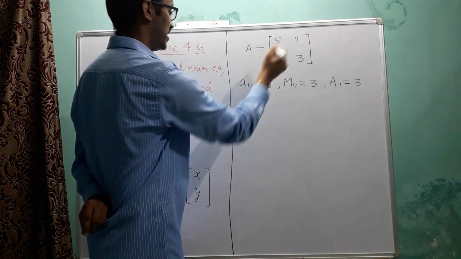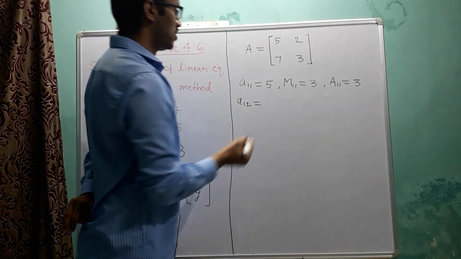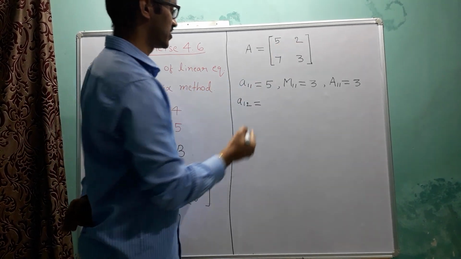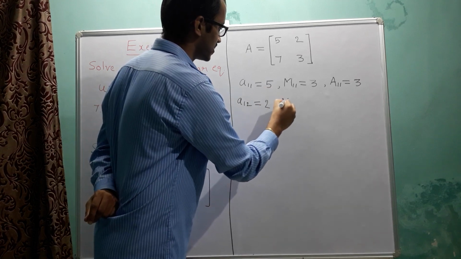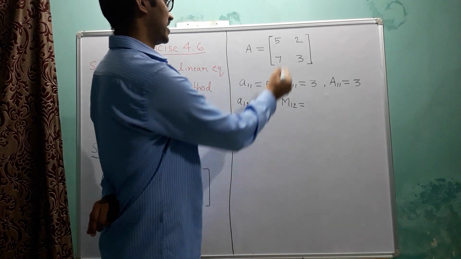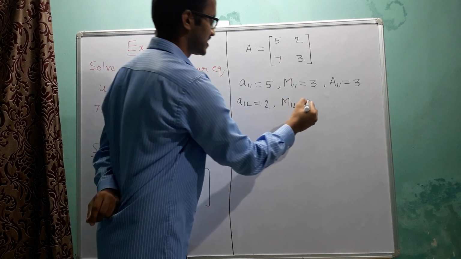Next element A12, the second element in the first row, that is 2. Minor is denoted by M12. As I told, the minor will be the diagonally opposite element, that is 7.